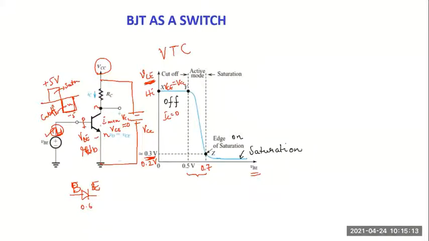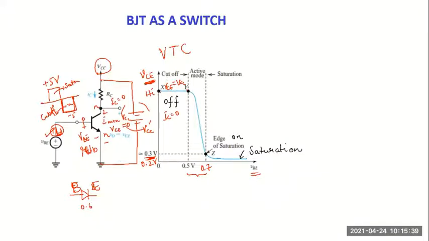When the transistor is cut off, what happens? There is no current flow in this circuit. So the current in this circuit becomes 0, which means all the voltage which is here will appear between the collector and emitter terminals. Since there is no current flowing, the complete voltage drops across the transistor, and that's why we have a high voltage here.